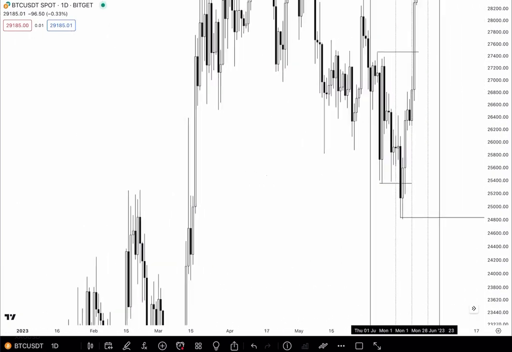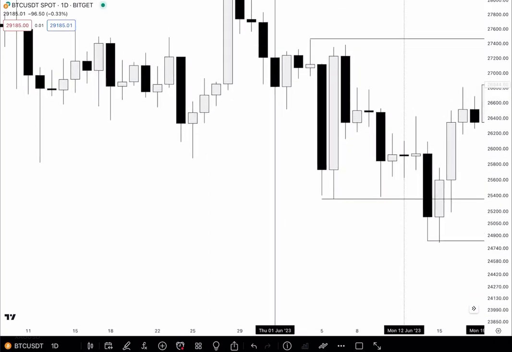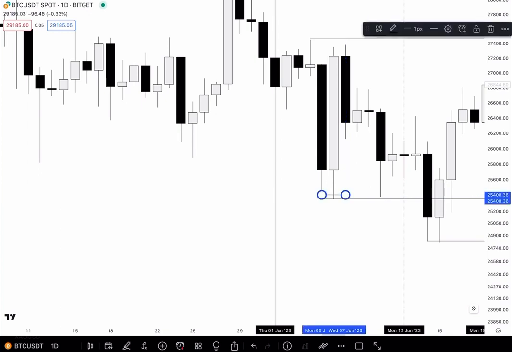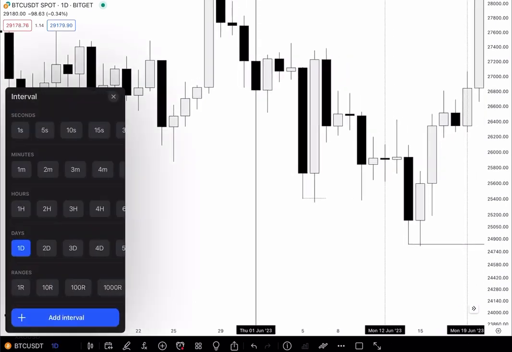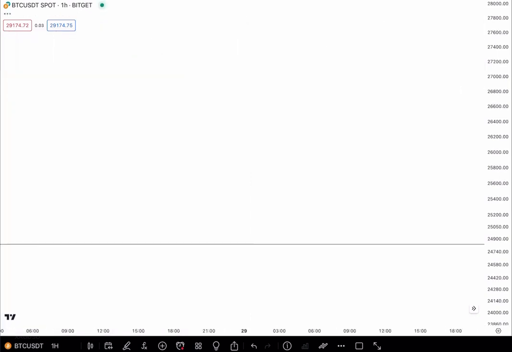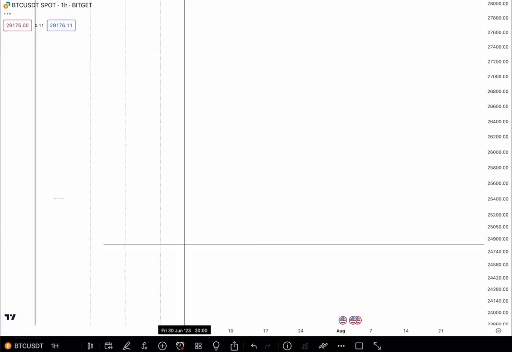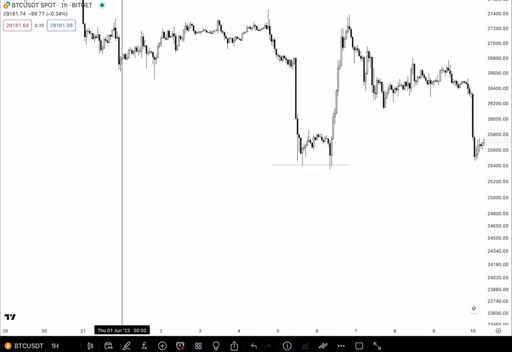You have this higher time frame candle. Candles are ranges. So if a candle is a range, I'm looking at the low of the higher time frame candle, which is a range, for a range to form at the low of the higher time frame candle.